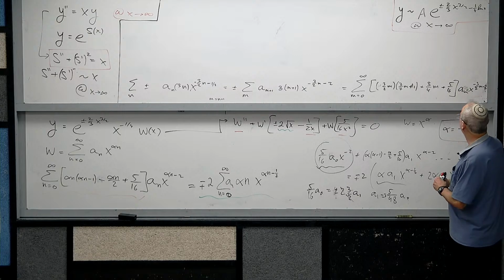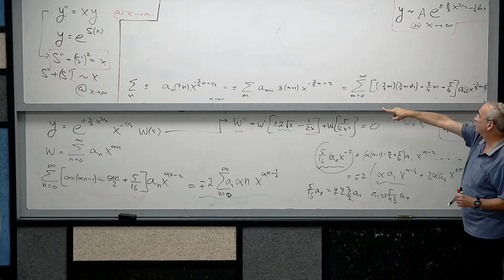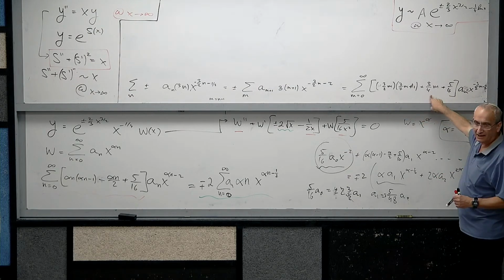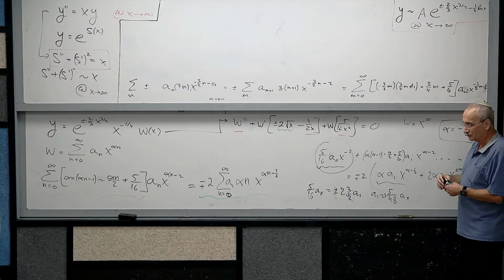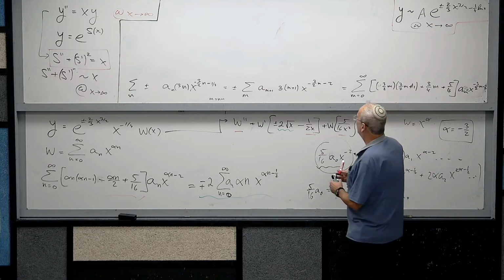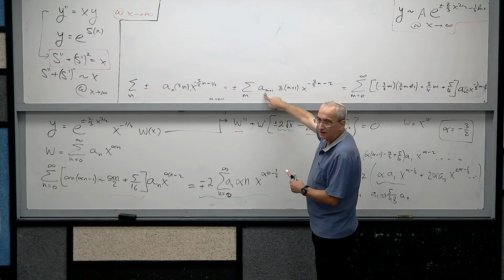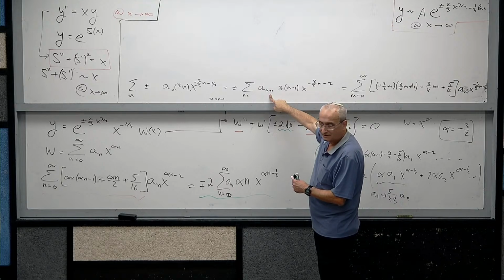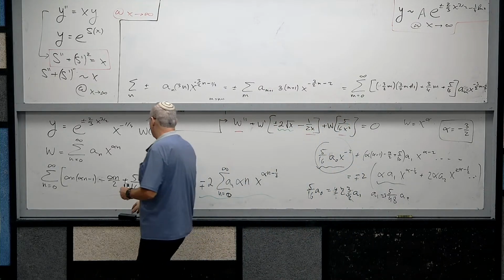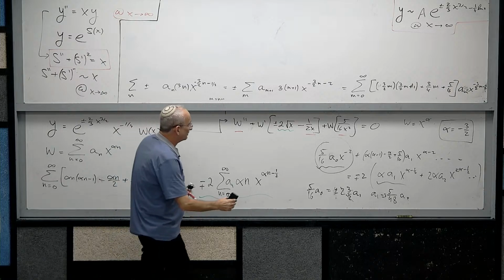So you see, here and here it's the same. Here I just change n for m in order to make things clearer. But now I know what a m plus 1 is, so I can write what a m plus 1 is, and what is that?